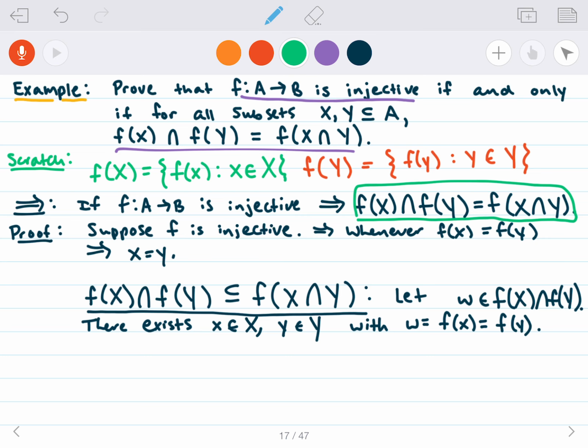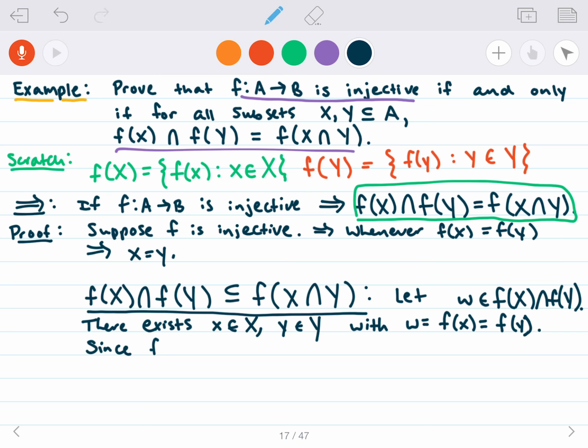Our assumption that we can use here is that f is injective. Remember, we're trying to show that injectivity implies equality, and to get to the full equality, we have to show this first containment. Injectivity says whenever f of x equals f of y, x must equal y. So let's use that here.